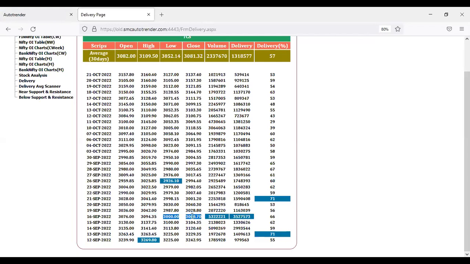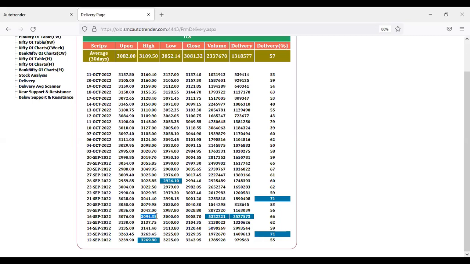Now you see on 4th of October, it hit a high of 3098 and eventually closed at 3091, which is closer to 3094. So on 4th October, you could have already taken a good profit of 60 points.